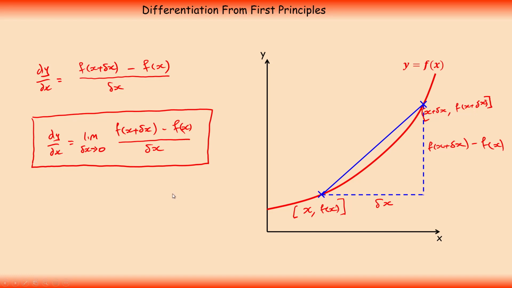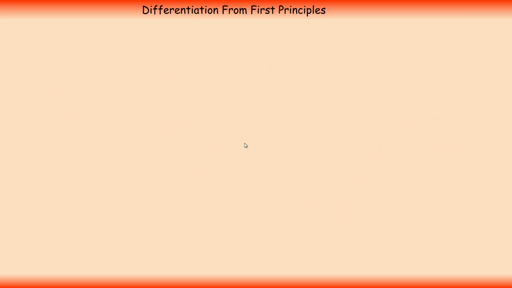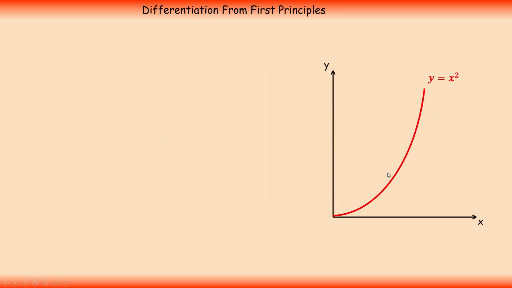I'm going to look at differentiating x squared. So here's my curve, y equals x squared, and I want to differentiate x squared. I'm pretty sure some of you remember, if you differentiate x squared, you should be getting 2x. Let's see if that's provable. So I have my 2 points on the curve. This first one here is x and f of x, which is x squared.